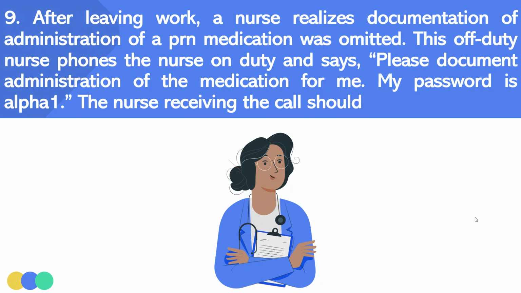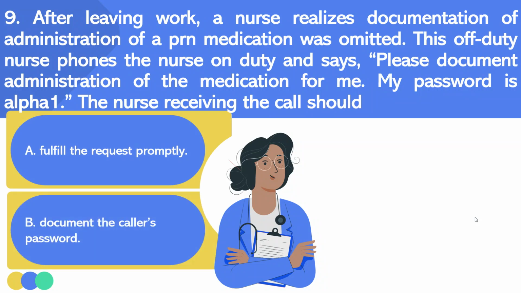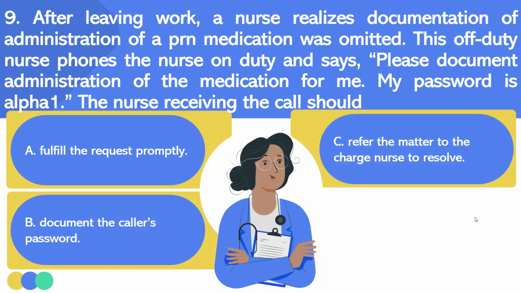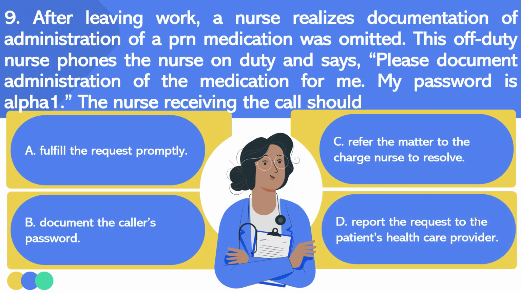Of course, letter A is fulfill the request, letter B is document the caller's password, letter C refer the matter to the charge nurse to resolve, or letter D report the request to the patient's healthcare provider. In this case, improper documentation may be grounds for discipline by the Board of Nursing. Referring this to the charge nurse will allow observance of institutional policy while ensuring that documentation occurs.